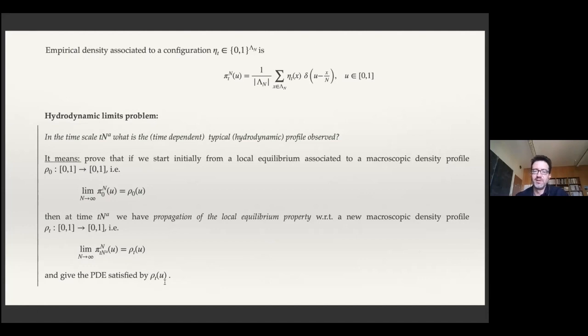And this new macroscopic profile will be the solution of some partial differential equation.